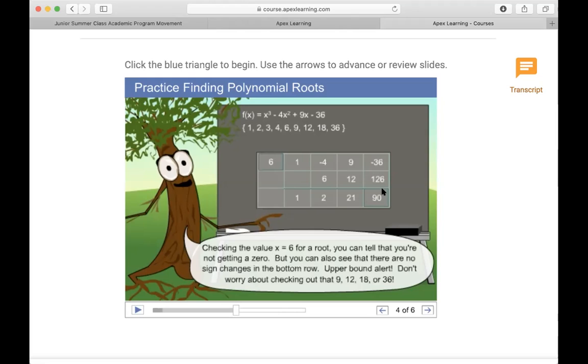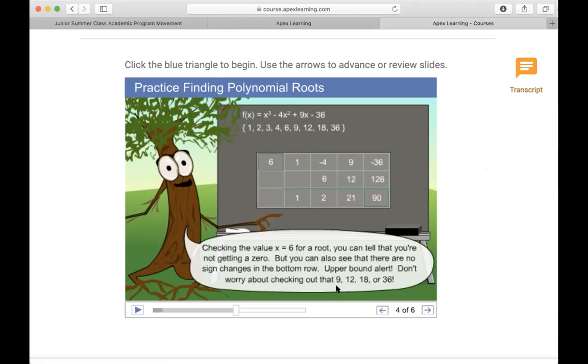But we can also see that we have no sign changes. It doesn't go -1, +2, negative this. So they're all positive. So this is telling us that since we don't have any sign changes, this is potentially our upper bound. This is our upper bound here.